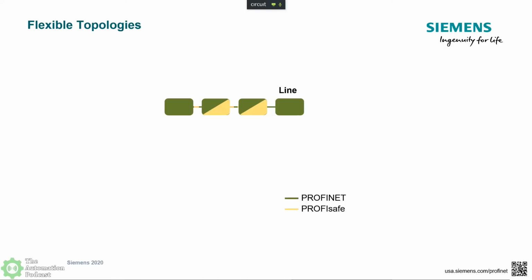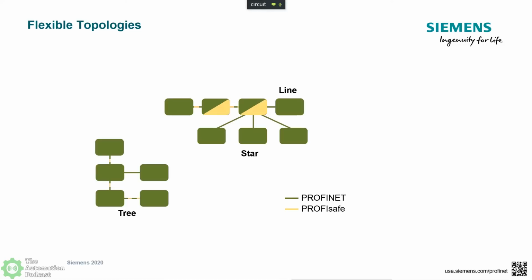Besides the line structure, we also have star topologies, by the usage of a switching device. And from star, we also have tree topologies. You can see here the yellow color is ProfiSafe. That's the integrated safety we have with PROFINET.